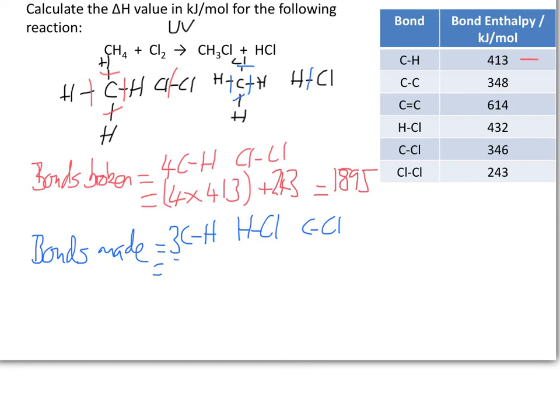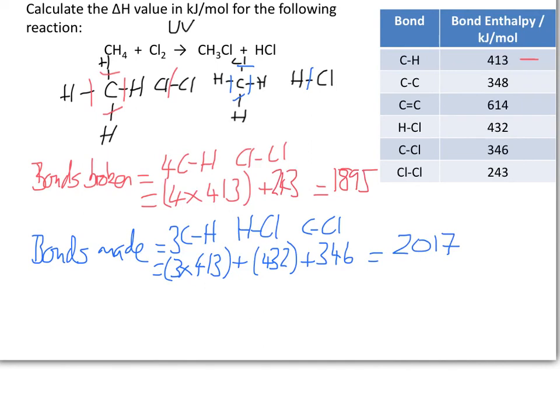So 3 times 413 plus 432 plus 346. And if we work that out on a calculator, assuming I've put the right values in, I get 2017.